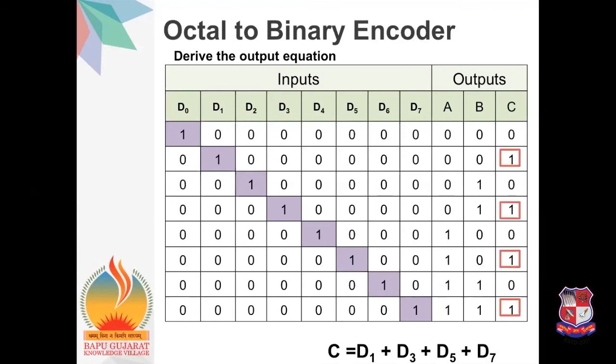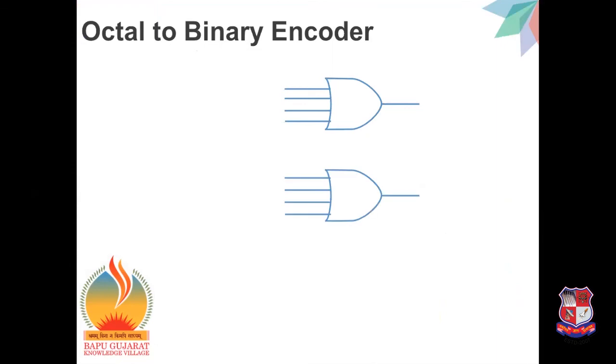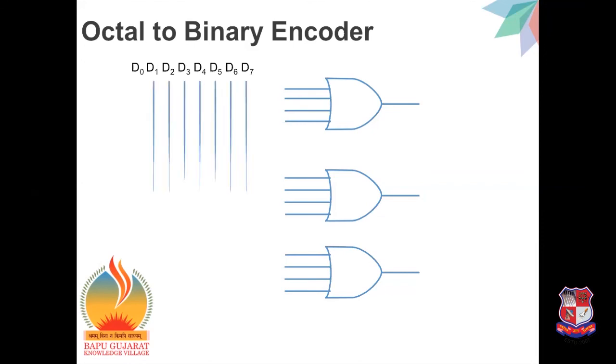Now let's draw the logic diagram for the octal to binary encoder based on the output equations. It requires 3 OR gates: the first one for C, the second one for B, and the third one for A. Now based on the output logic expressions, we can connect the inputs D0 to D7.